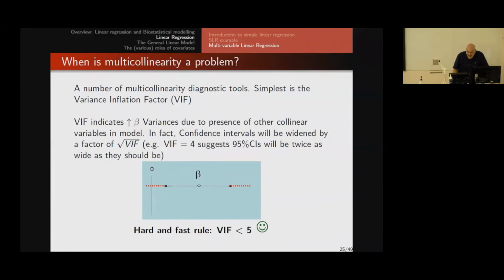Some people use 10, by the way. If VIF is less than 10, they are happy. What that really says is if my confidence intervals are only a little bit more than twice as wide, I'm happy. I've always just thought that's a little bit too relaxed. But anyway, I'm not going to comment on it. That is a rule of thumb that people use. If VIF is less than 5, move on with your life.